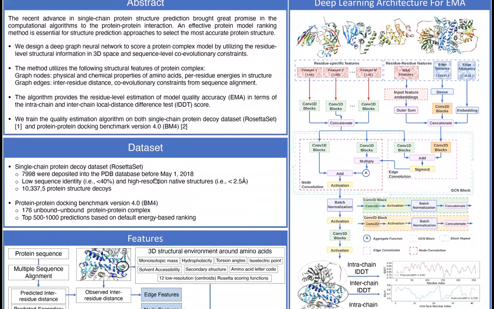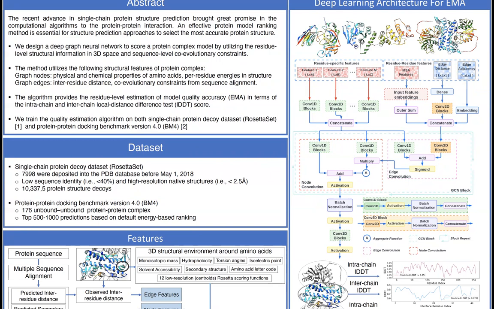To train our deep learning architectures, we utilize two different datasets. The first is a single chain protein decoy dataset comprising around 8,000 proteins, as well as around 100,000 protein structure decoys, to train the model to give us residue specific quality assessment for single chain proteins.